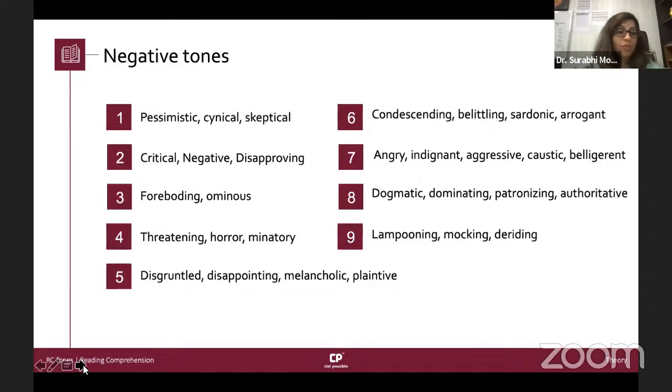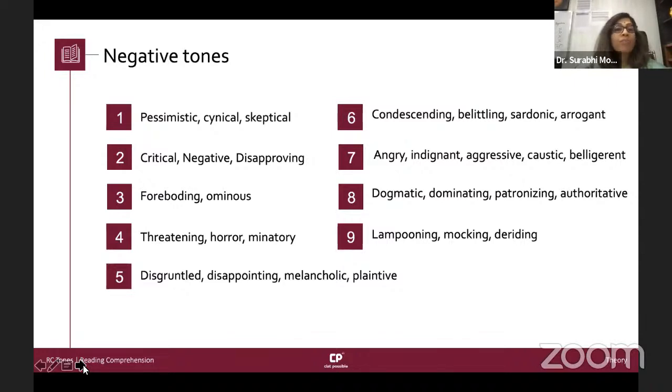Then we have negative tones. This is a whole list of tones or keywords that can come in for passages where either the author is very, very pessimistic, which means no matter what, the author doesn't believe that the situation will get solved, or the author shows a sense of hopelessness or doubt.